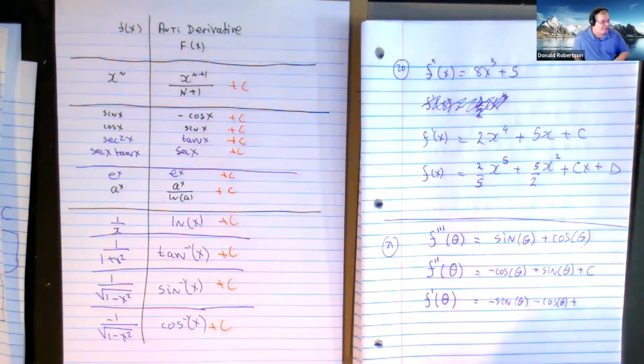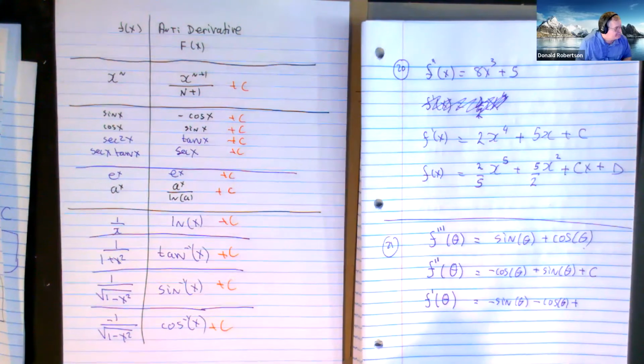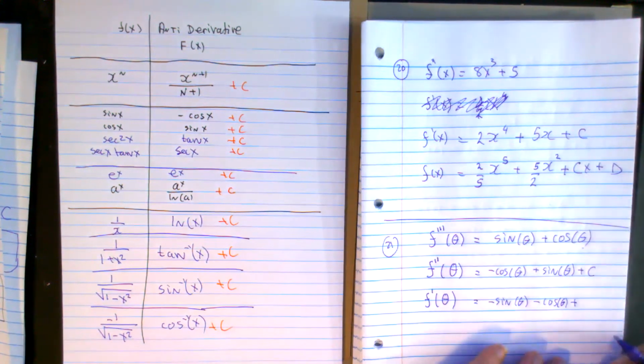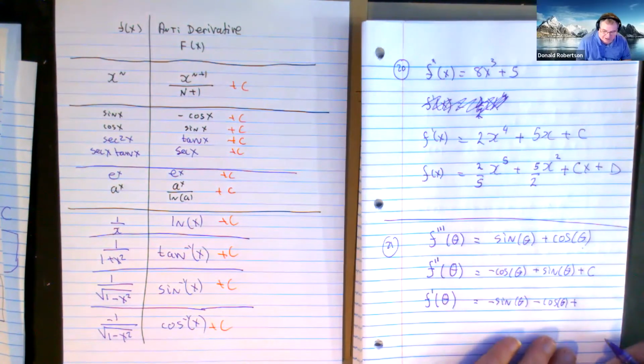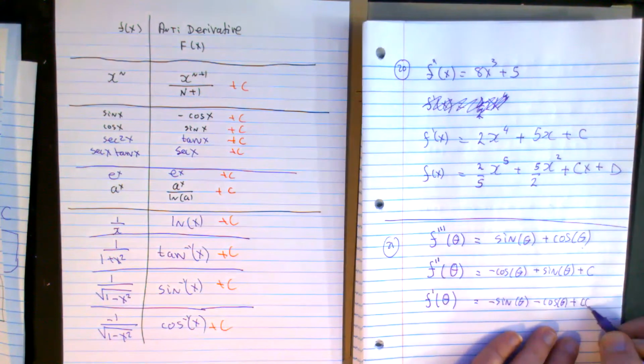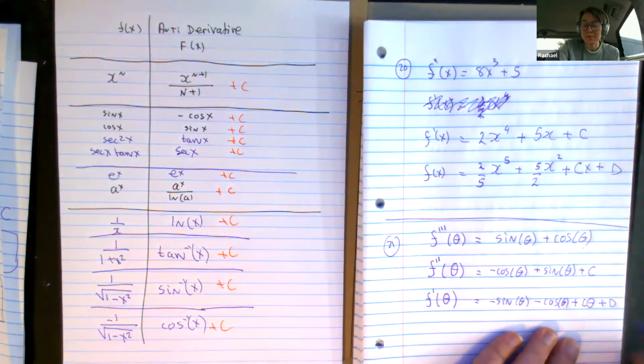What will the plus c get us? Cx. Will it be x this time? Because you're kind of right, but not the right letter. Oh, C theta. Right. C theta plus E.